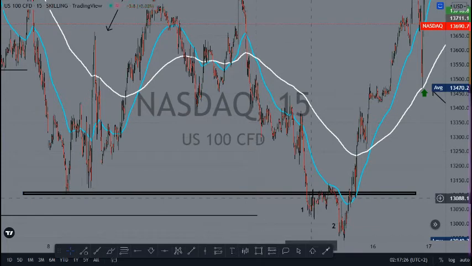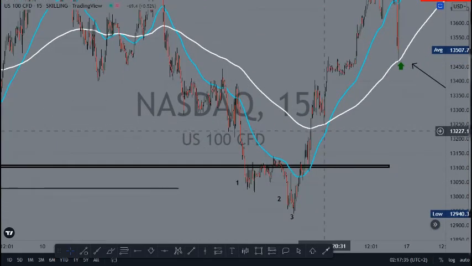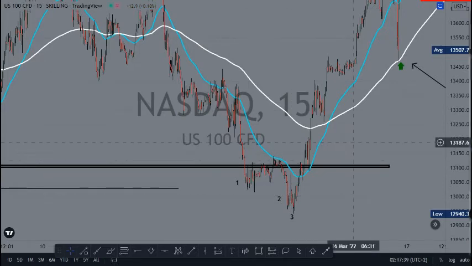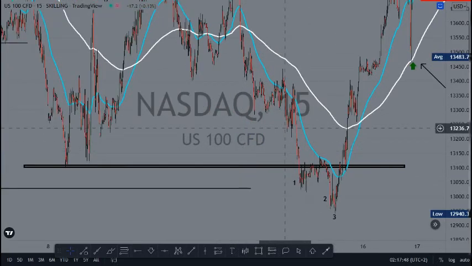This is a double bottom. We can call it a double bottom, a peak formation, a turtle soup, or a pump and dump setup. So you can see the market pump and the market dump.